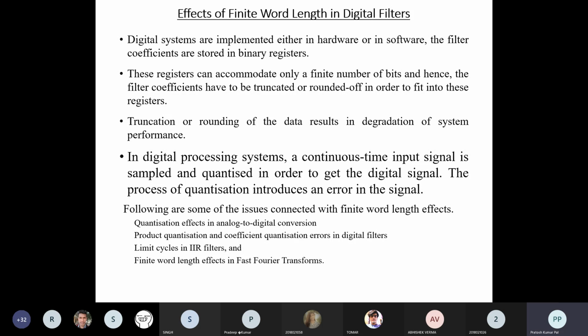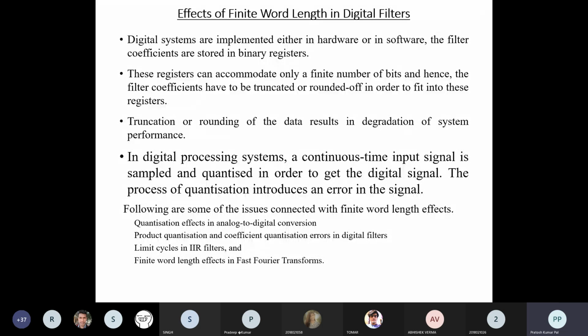So in that representation, if we need to store a value that is 5, we will have different bit representations based on the available memory space. The coefficients of the filter should be represented such that we utilize the available memory space.